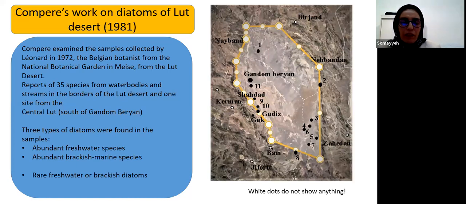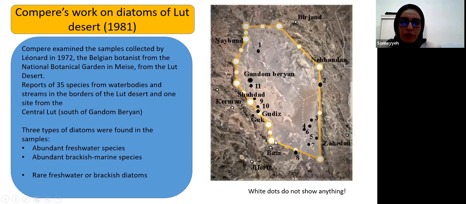Comperé was the Belgian algologist, and he received his colleague and friend Leonard's collections when Leonard visited Iran and the Lut Desert in 1972. He gave the samples to Comperé, and he could publish his findings in 1981.